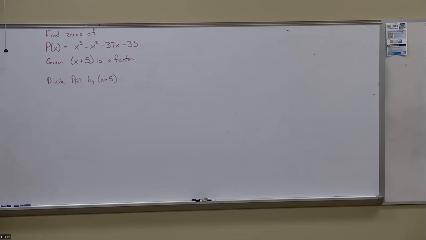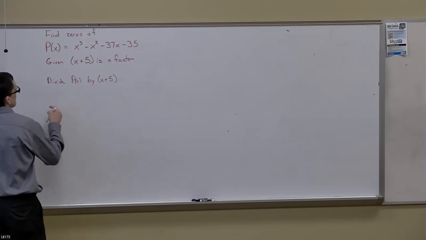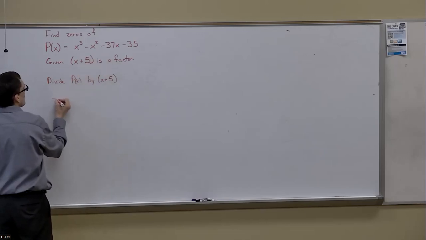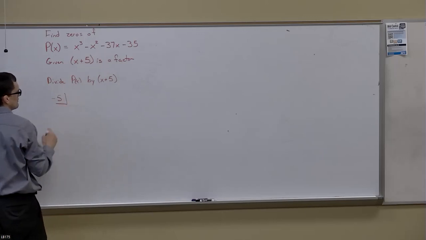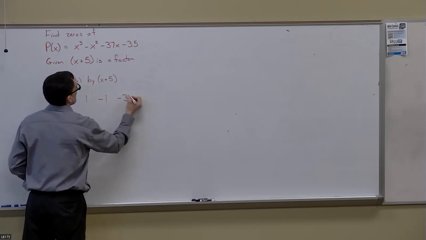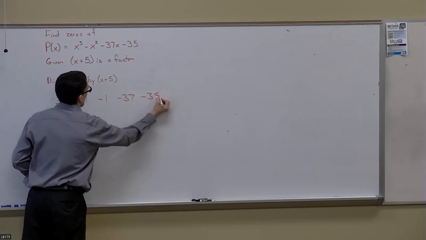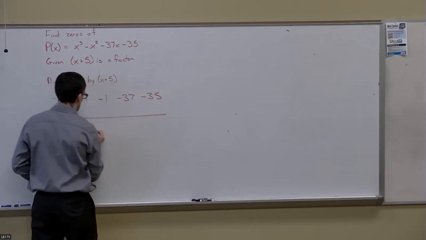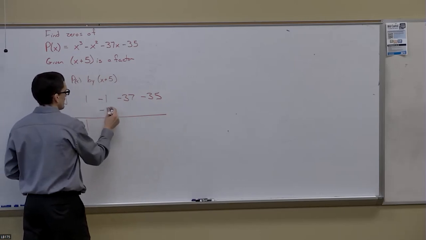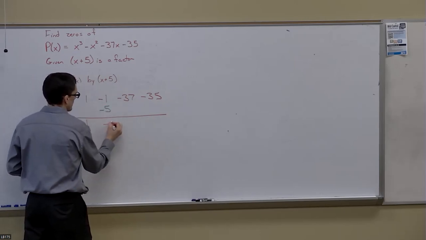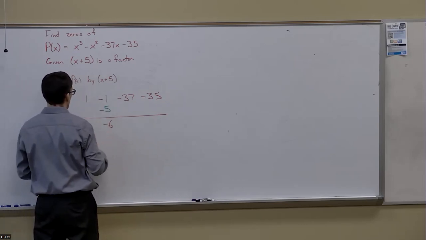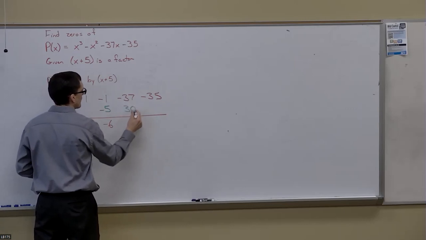All right, so let me go through this one. First off, we're going to divide our function by x plus 5 so I can factor this out. That means if I'm using synthetic division, my r is -5, and 1, -1, -37, -35 are my coefficients. 1 drops down, I multiply it by -5, get a -5, add to get -6. -5 times -6 is a +30.